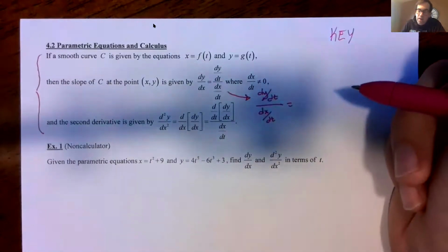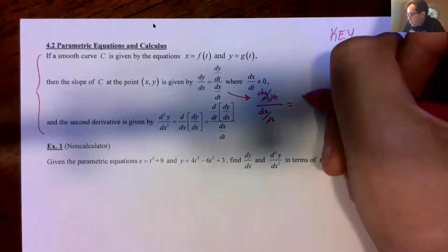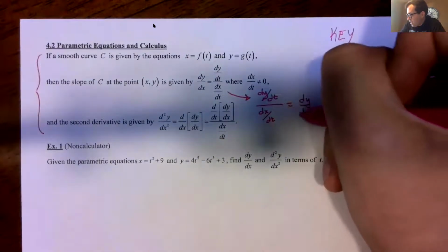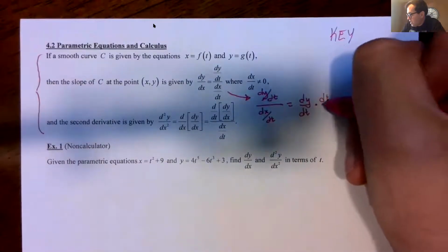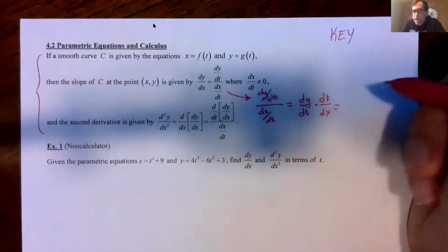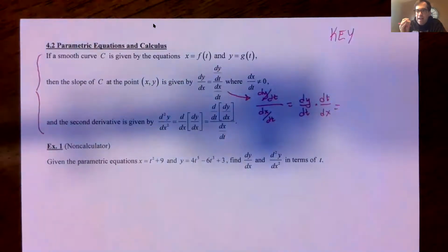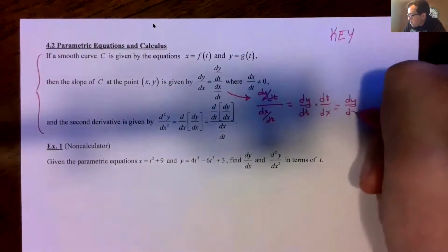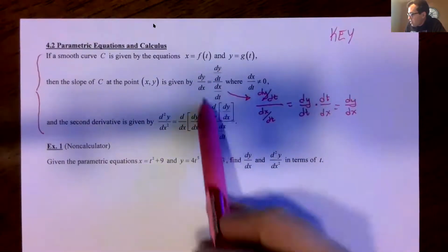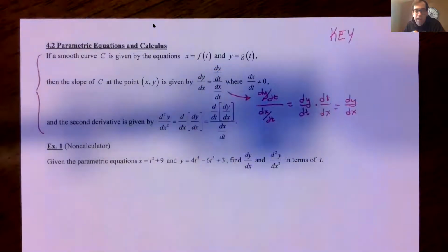Remember, instead of dividing by a fraction, you can multiply by its reciprocal, right? So this is really dy/dt times the reciprocal of the denominator, which is dt/dx, which if we think of dy, dx, and dt as separate variables, the dt's are canceling. So we end up with dy over dx. Algebraically it makes sense that this fraction would simplify to dy/dx.